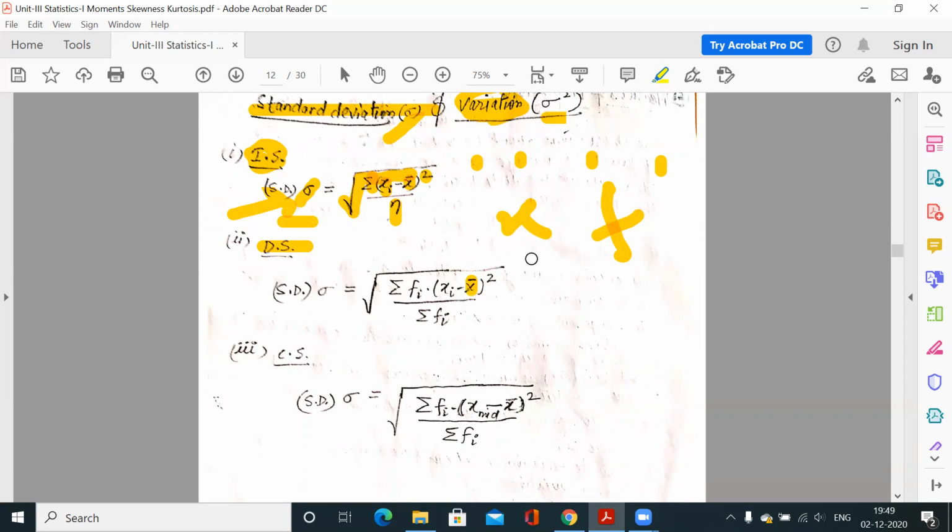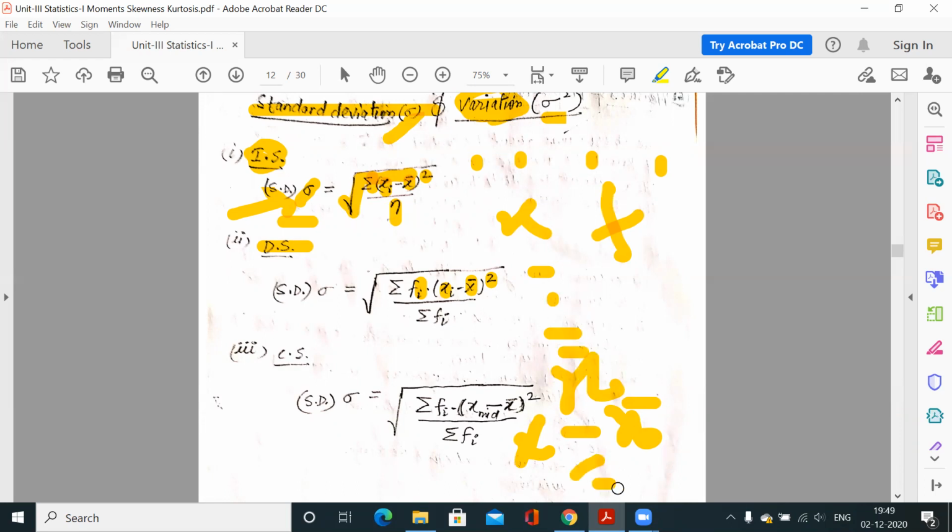So first calculate the x bar, the arithmetic mean for this series, and take the difference of each xi from the arithmetic mean, meaning the x minus x bar column. Each of these values you have to take the difference from x bar.